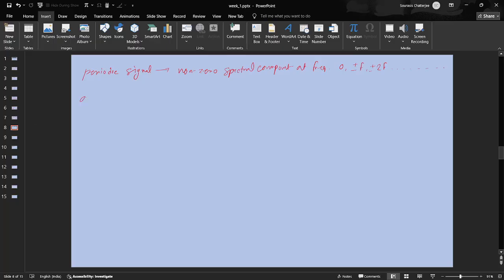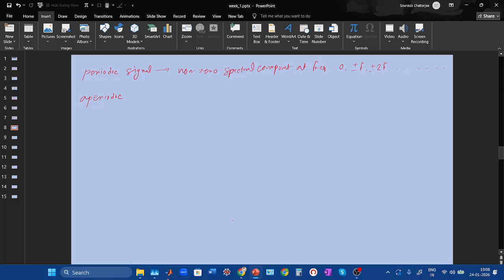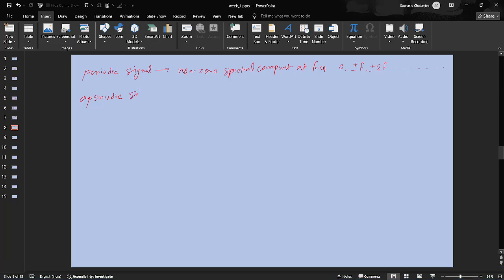So I would like to extend the same idea. Instead of seeing the Fourier transform as a separate entity altogether, I would like to see whether whatever we have seen in the context of periodic signals and their Fourier series representation can be extended to aperiodic signals.